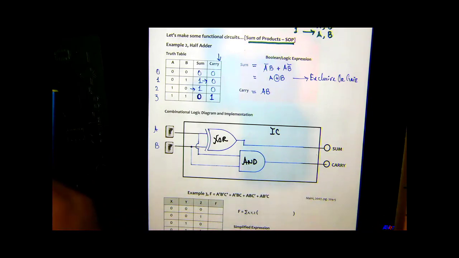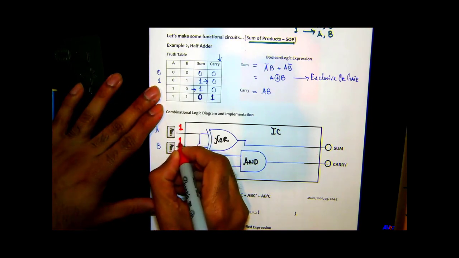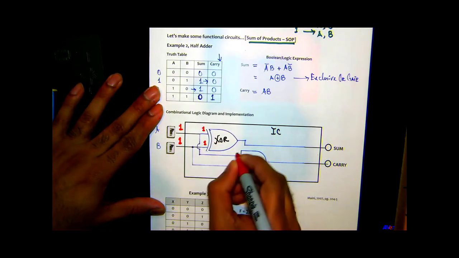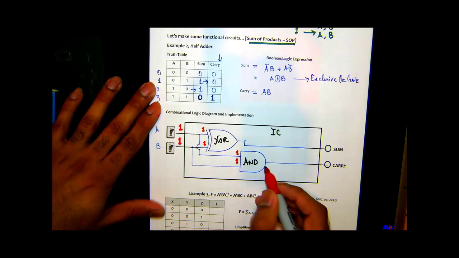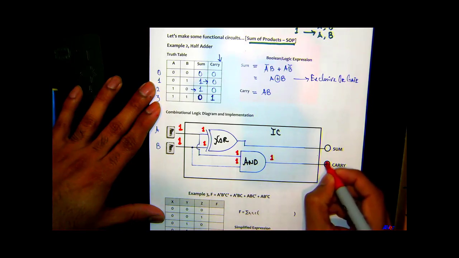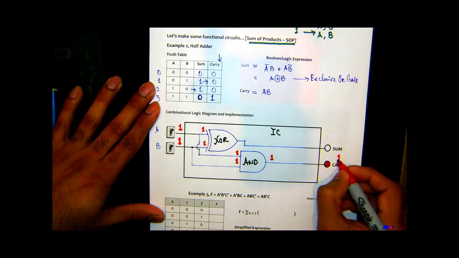So just verify whether it's working. Looks like these switches are set to 1, 1. So we get 1 here and we get 1 here, and also the logic at the inputs of the AND gate will be 1, 1. So 1, 1 going through AND gate gets you 1, right? So that means this LED is going to light up, creating a logic 1.